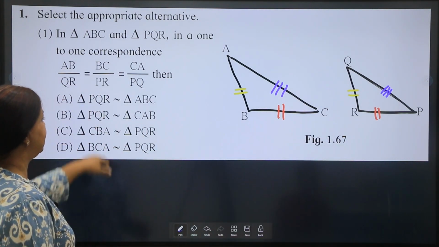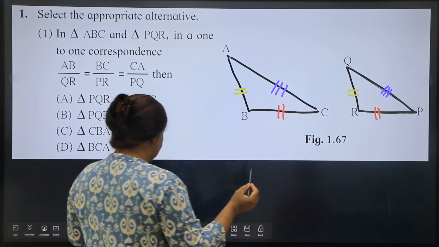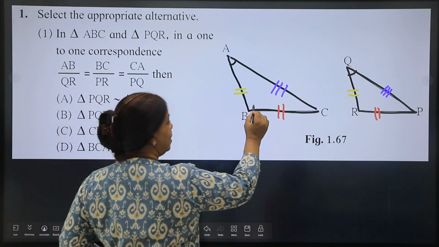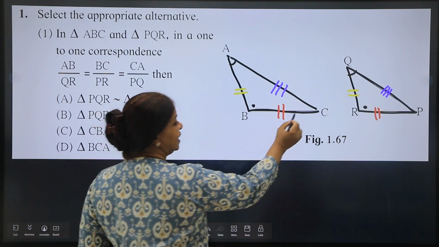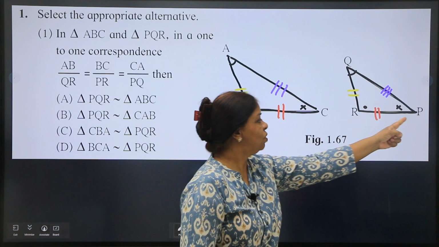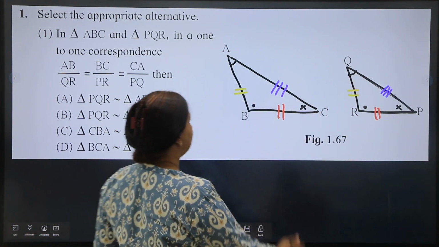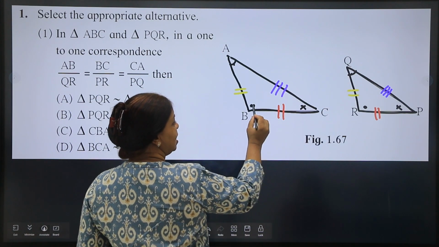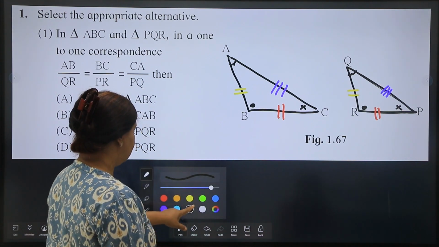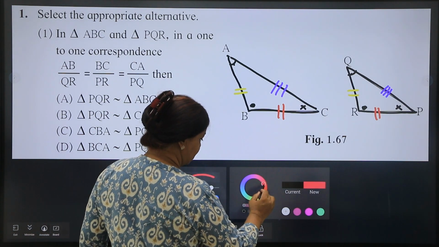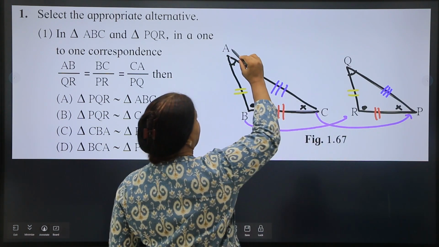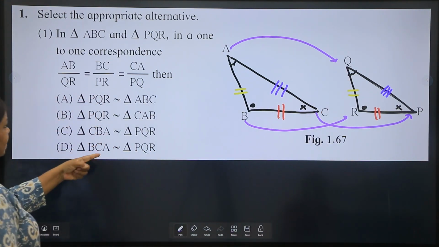So which statement will be correct? If this side corresponds to this, then angle A will correspond to angle Q, angle B will correspond to angle R, and angle C will correspond to angle P. So let's see which one is the correct option.